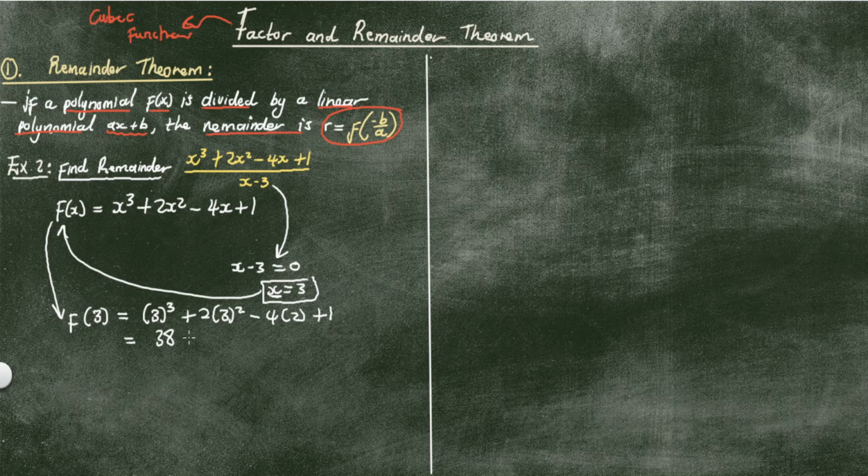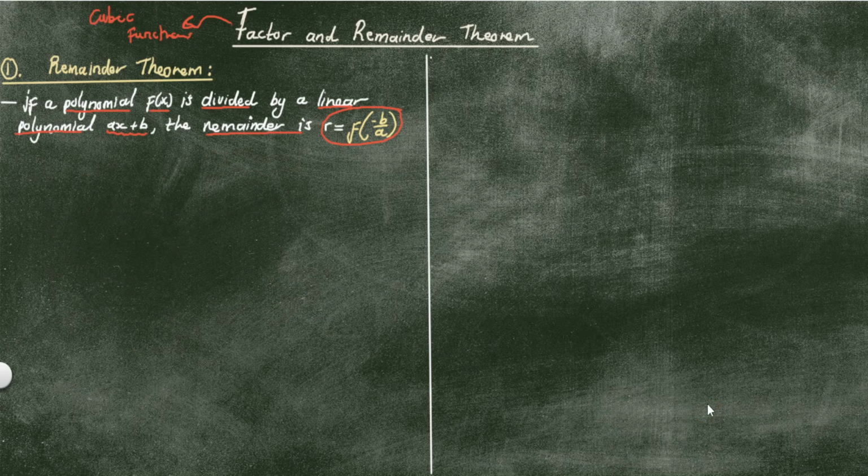I'm getting 38. So it means that whenever I substitute 3 into this polynomial, which is what I divided with, I'm gonna get a remainder of what? 38.